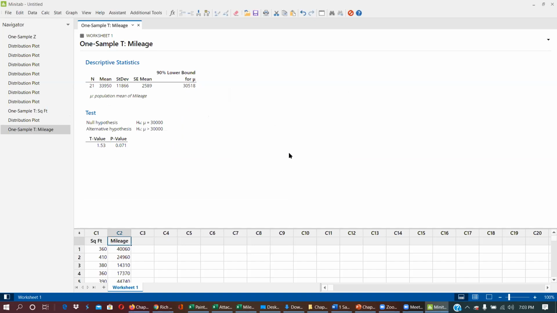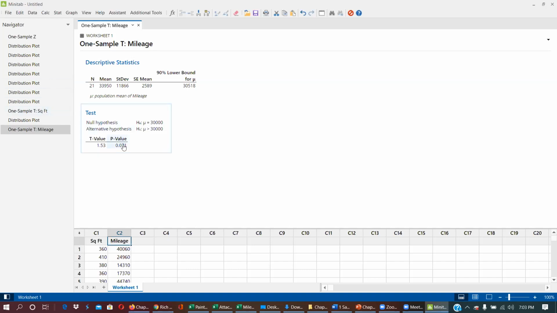Greater than. So basically, what it says, reject the null hypothesis. The null hypothesis says we have less than 30,000, whereas for this data, the dealership's two-year rented Subaru has more than 30,000 miles on its meter.